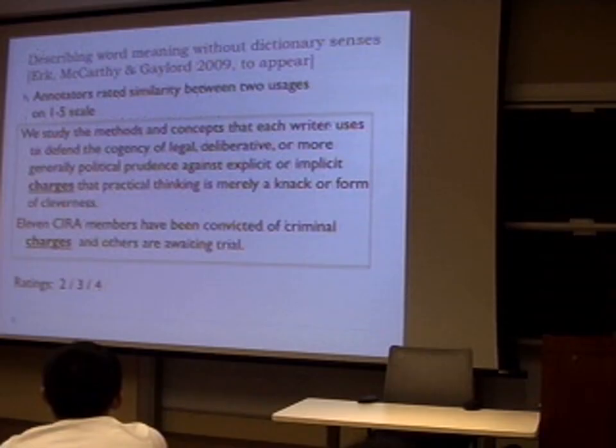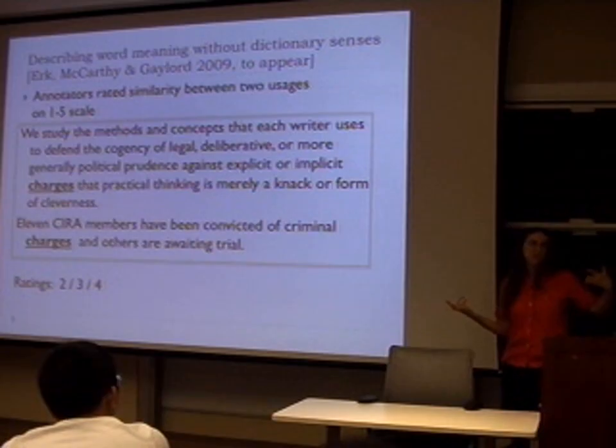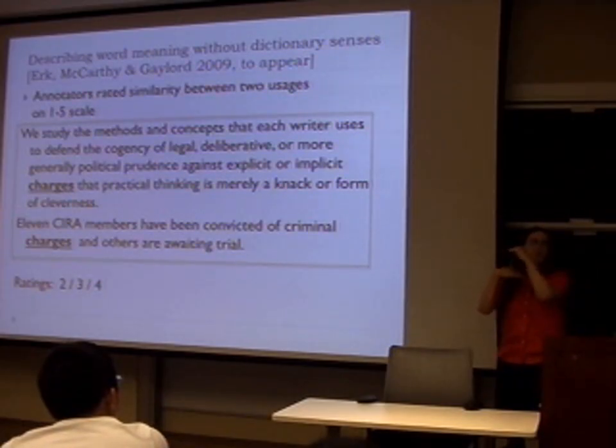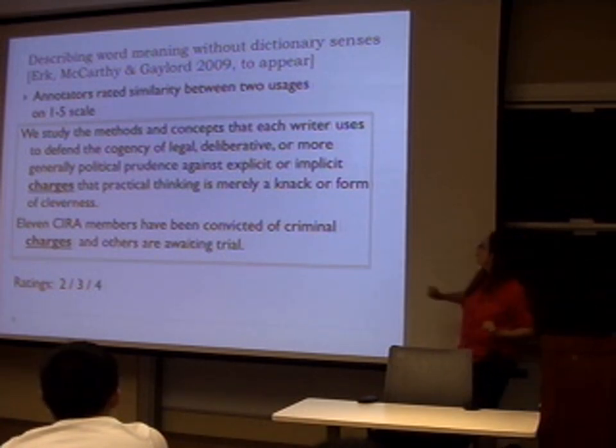We also did a second annotation experiment. In this first annotation experiment, we did use WordNet senses, and our annotators gave graded ratings for the WordNet senses. In the second experiment, we did away completely with the WordNet senses and just gave people 2 sentences at a time that have one word in common. And we asked them, to what extent are these 2 usages similar?